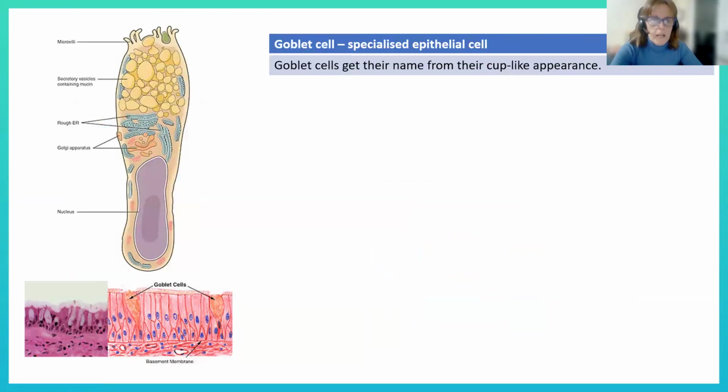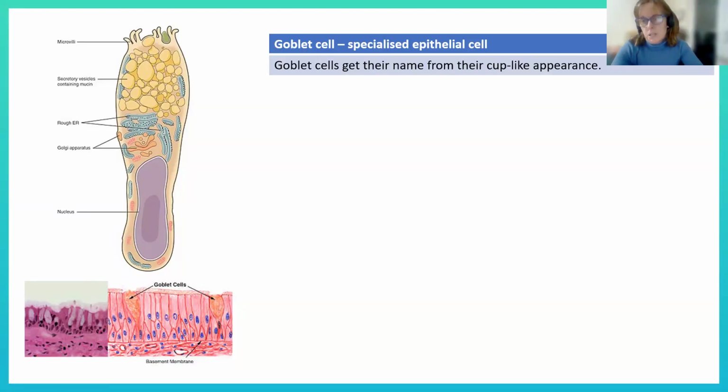So this is a goblet cell then. This is what they look like. It's a specialised epithelial cell. And they get their name from looking like a goblet. Now, you might look at that and think, that doesn't look like a goblet to me, and it doesn't really look like a goblet to me. But if you look down here, you can see that sort of almost goblet-like structure. And it's what they look like on the microscope slide.